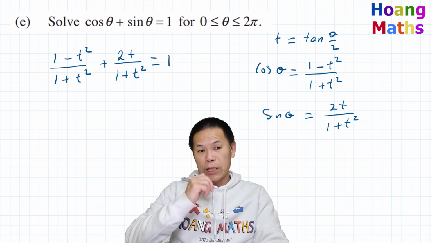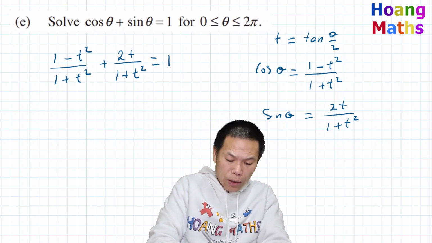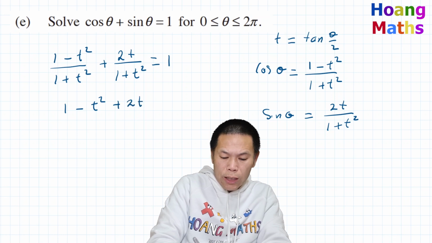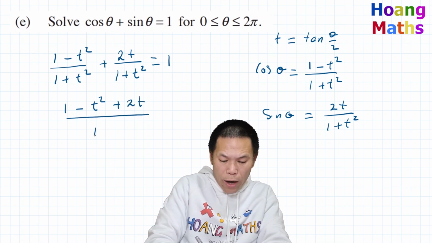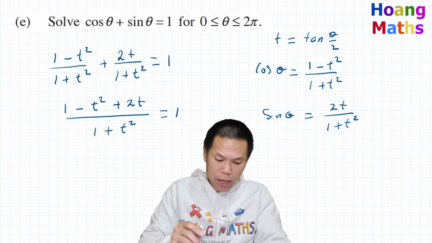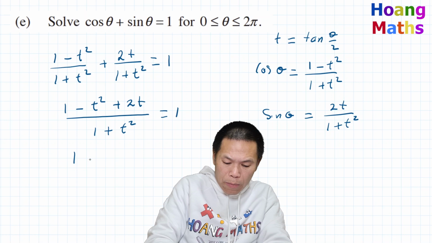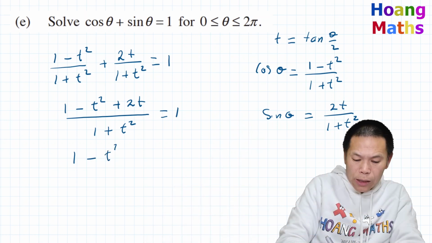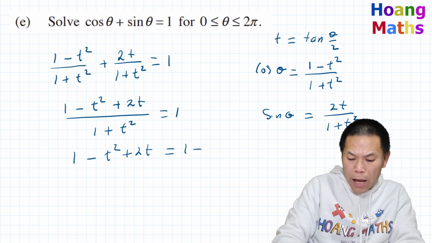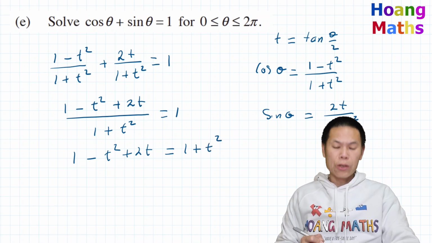So now I can just write it in one fraction. So that is 1 minus t squared plus 2t over 1 plus t squared is 1. So I times both sides by 1 plus t squared. So that will give me 1 minus t squared plus 2t is 1 plus t squared. So there you go.